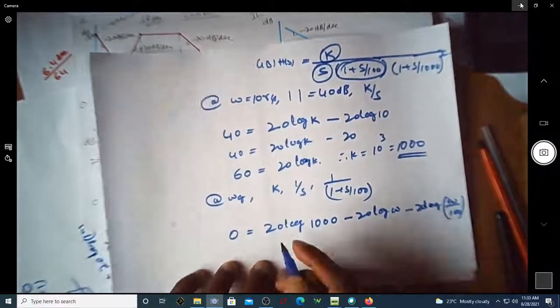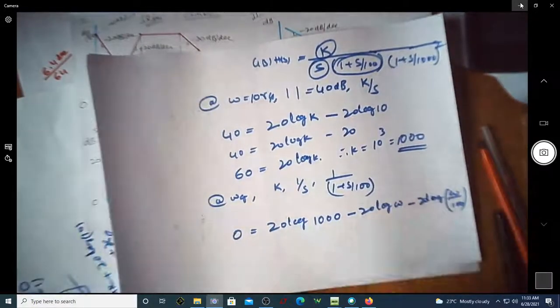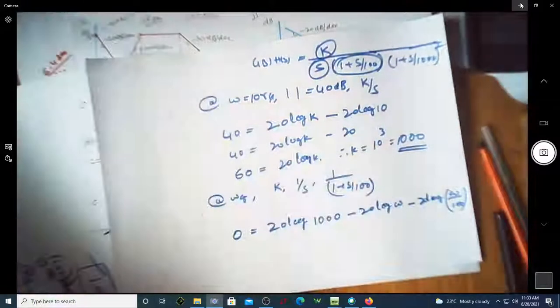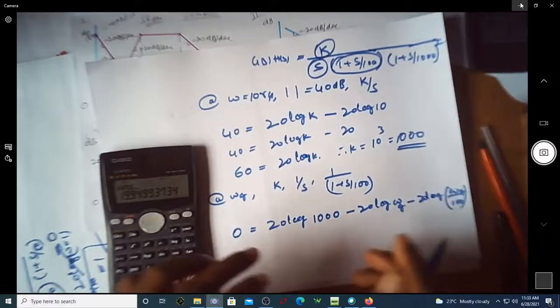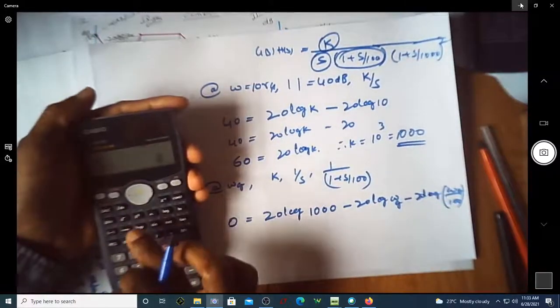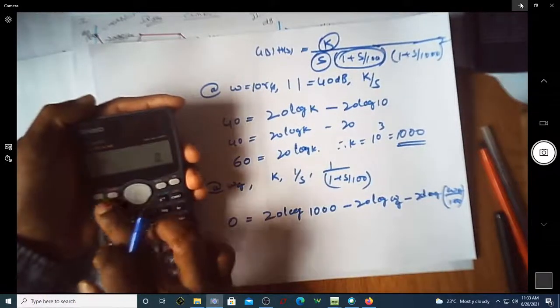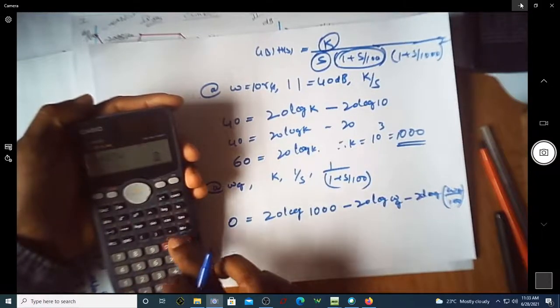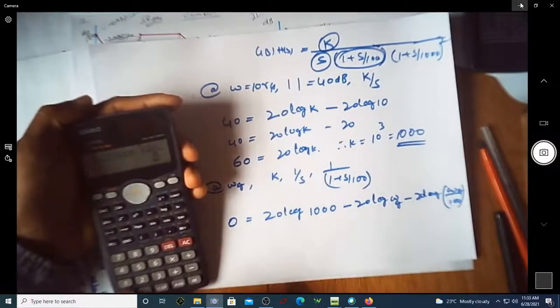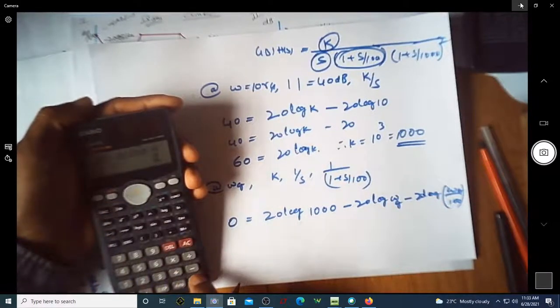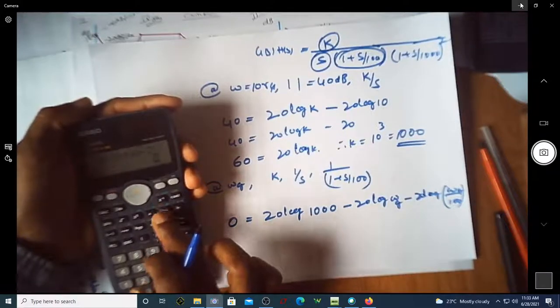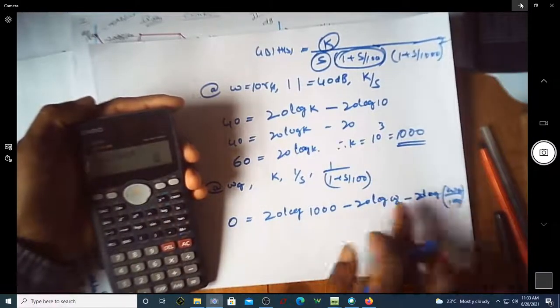So if these are the values, how do I find omega g? Let me use the calculator to get this value of omega g. I can find out, 0 equals 20 log of 1000 minus 20 log of alpha minus 20 log of 0.01 alpha.